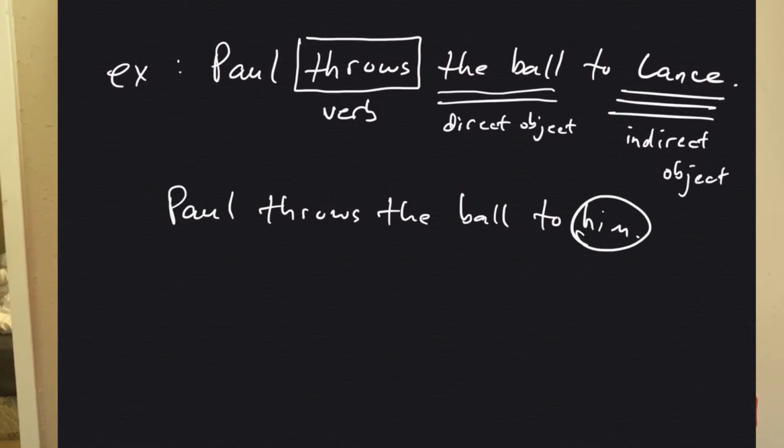And now him becomes my indirect object pronoun, because him took the place of Lance. So instead of saying Paul throws the ball to Lance, I can say Paul throws the ball to him. And him becomes my indirect object pronoun.